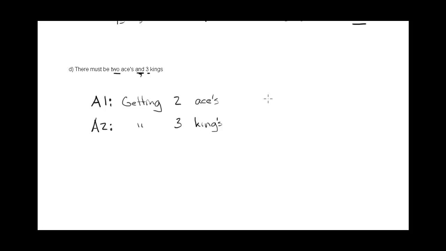So how many ways can action 1 happen? Well, how many aces are there to choose from? There's 4 aces, and you're choosing 2 of them. Action 2, how many kings are there to choose from? Again, there's 4 kings in a deck of cards, and you're choosing 3 of them.